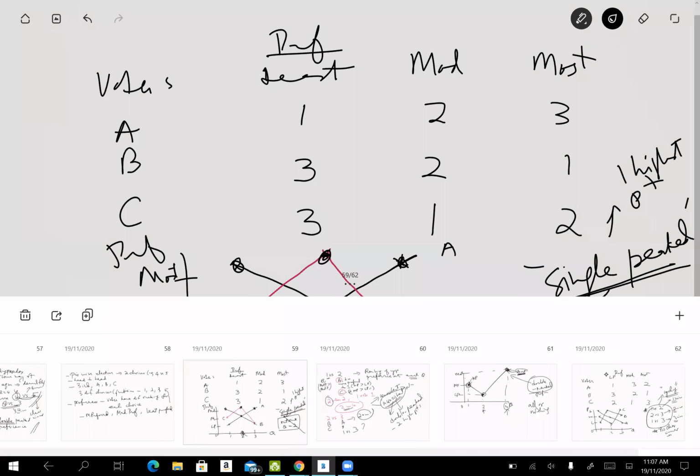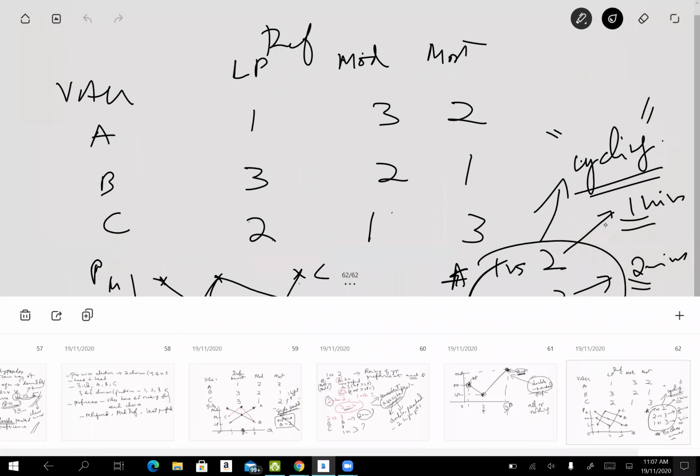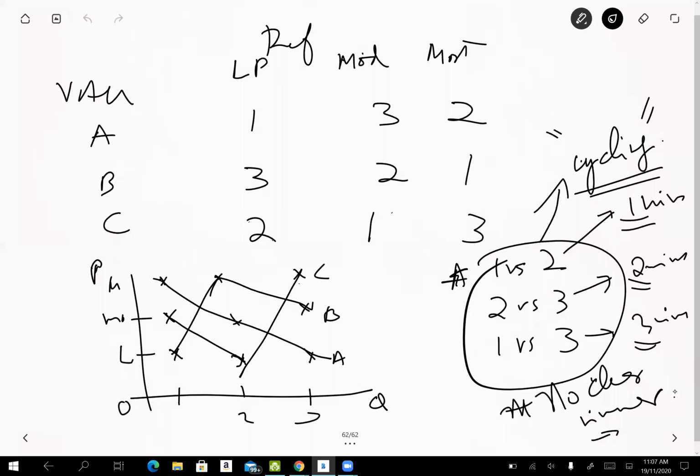So we go back to the first model, where you have the equilibrium by the pairwise voting, Q equal to 2.